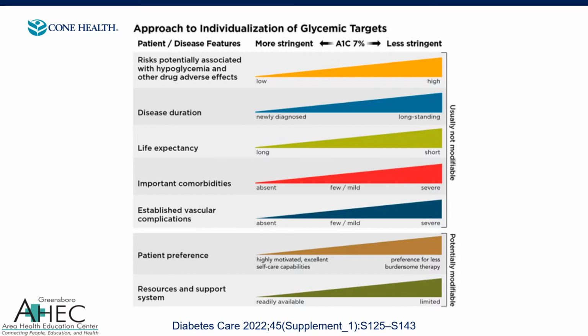Some reasons you might want to target a less stringent goal would be if a patient is experiencing a lot of hypoglycemia despite all the management techniques. They've had diabetes for a very long time, which makes it more difficult to control as they've continued to develop insulin resistance and increased their insulin deficiency over time with their beta cells not functioning as well.